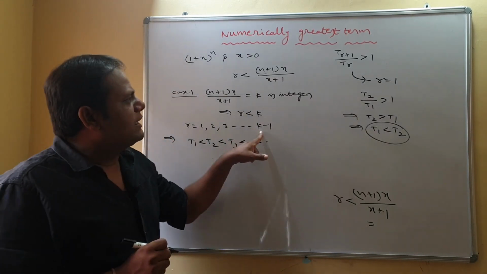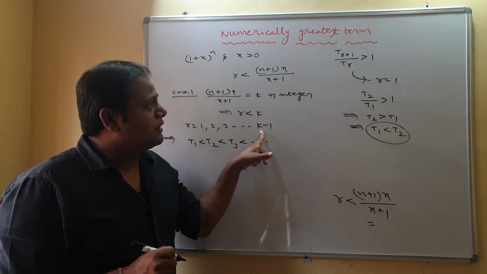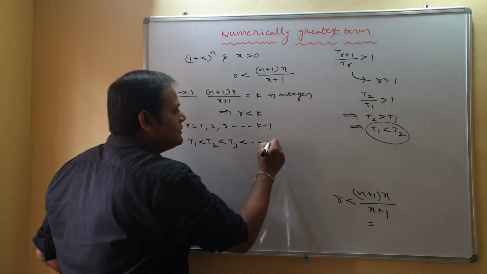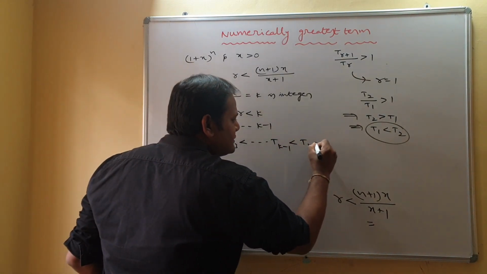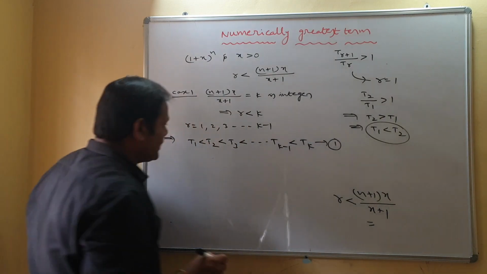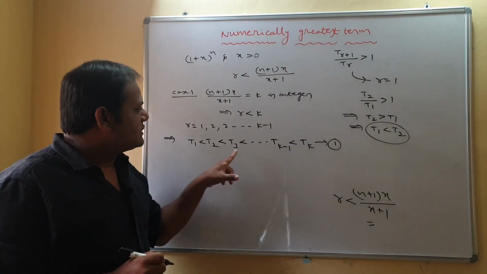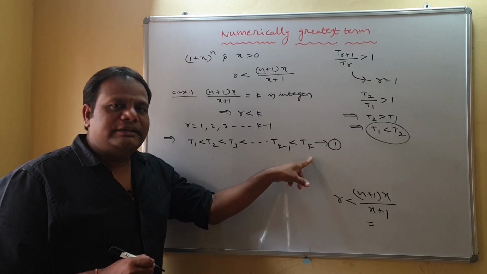At last you can take r equal to k minus 1, then you get t(k minus 1) less than tk. So we got one condition: t1 less than t2 less than, and so on, less than tk.